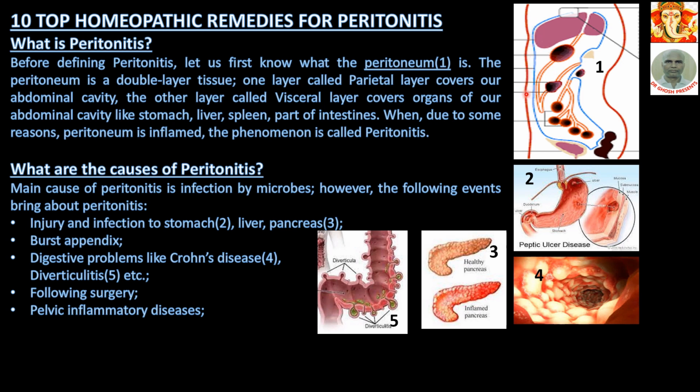The external covering covers the lining of the abdomen. The internal covering lines the various organs such as liver, spleen, etc. And inflammation of these layers is called peritonitis.